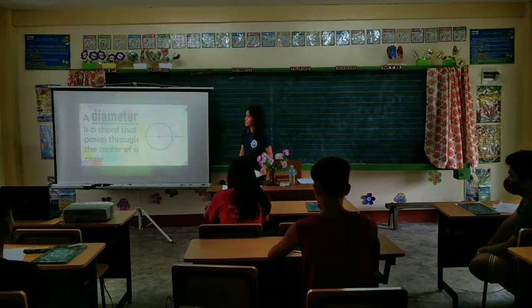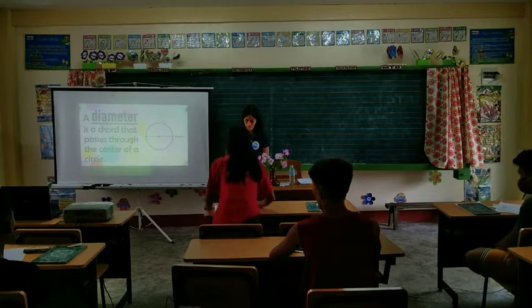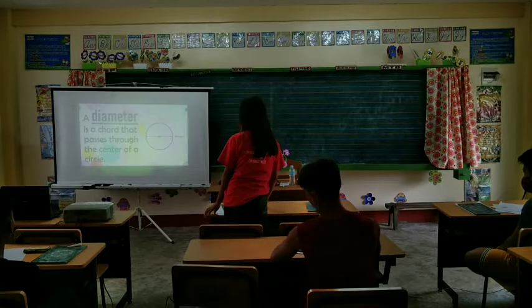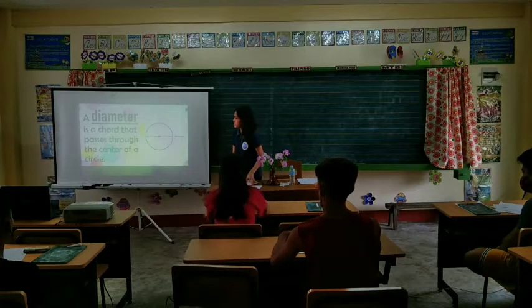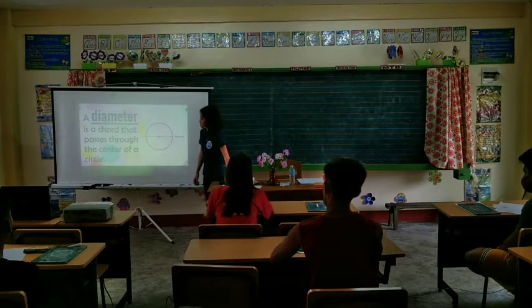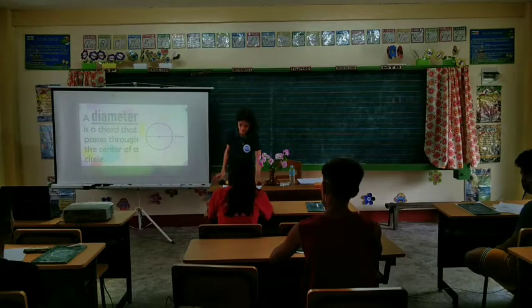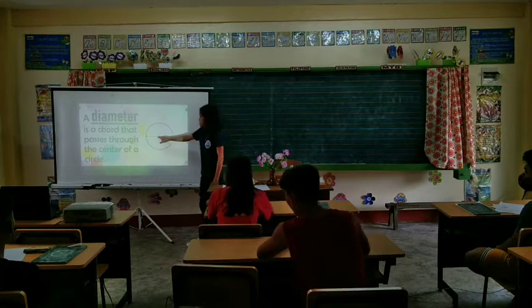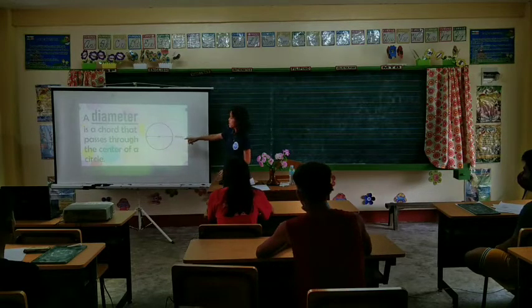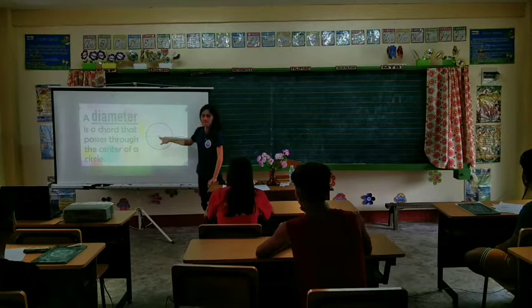Next, we have the diameter. Nicole, please read. A diameter is a chord that passes through the center of a circle. Okay, so a diameter is a chord that passes through the center of a circle. So this is our diameter. It passes through the center. So in a straight line, we have two radii here, right?